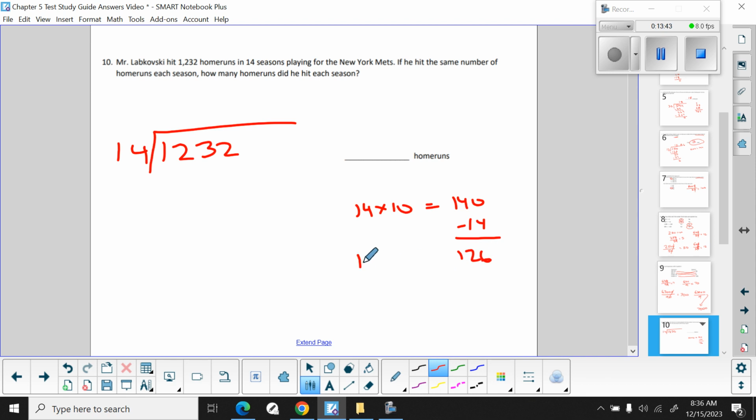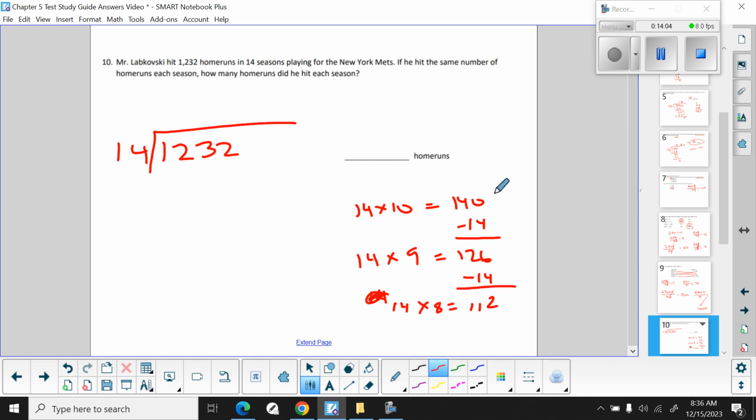So that really means that 14 times 9 equals 126. Still too much. So if I subtract 14 from that, I'm going to get 112. So 14 times 8 is 112.